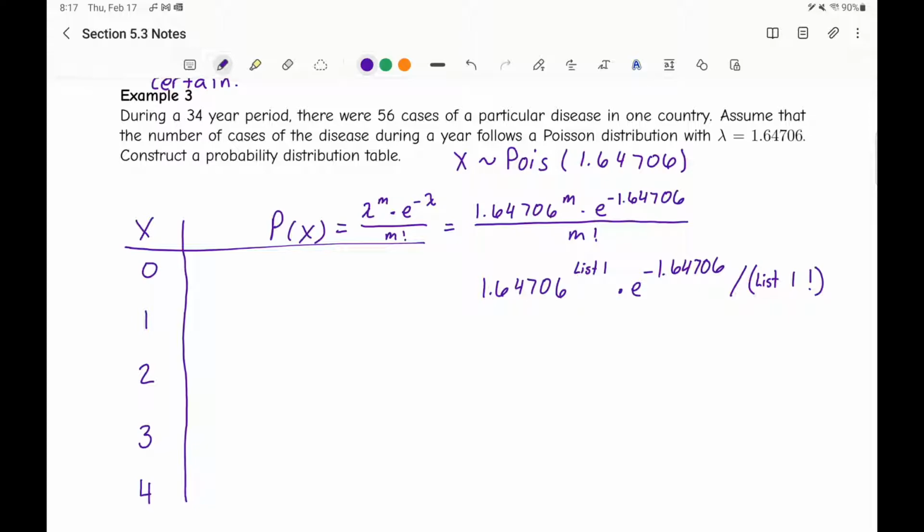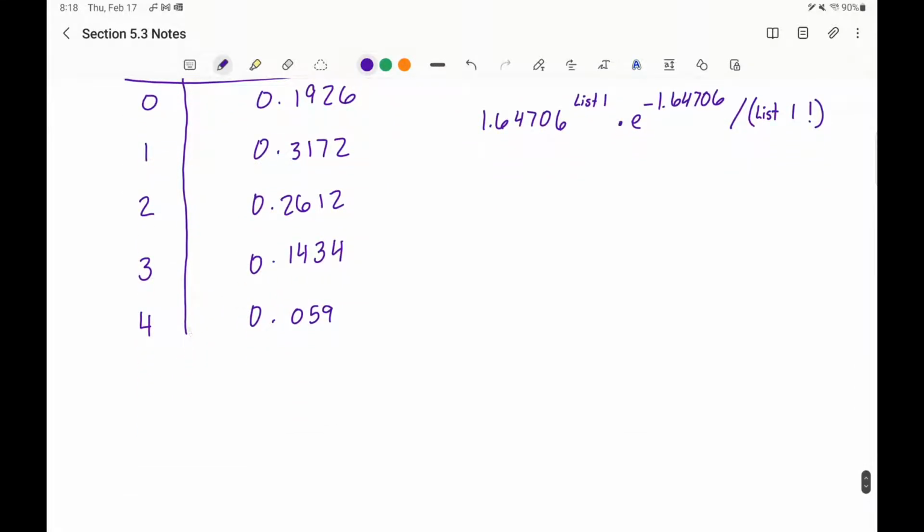So when I do that, I get 0.1926, 0.3172, 0.2612, 0.1434. Now I gotta scroll down. 0.059. 0.0194.